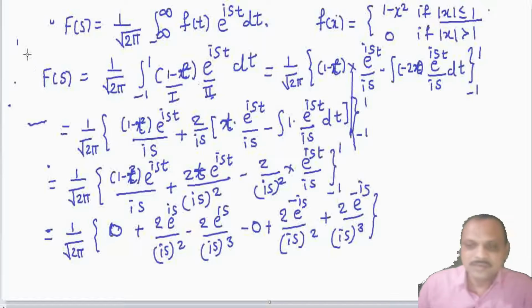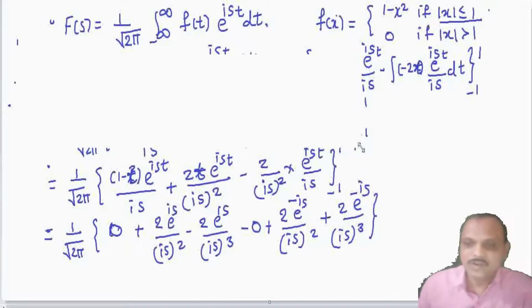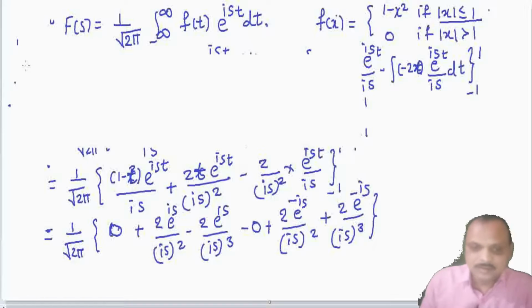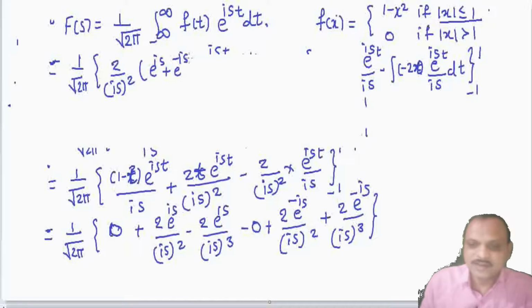let us make some free space to evaluate this. Then you can see that this equals 1 divided by under root of 2 pi into, here we can take 2 common and is square common, e raised to is plus e raised to minus is.